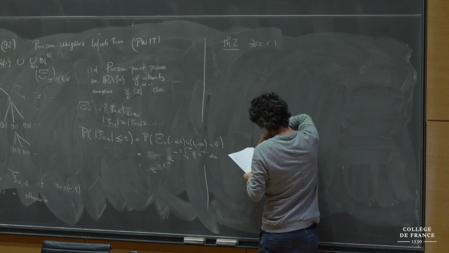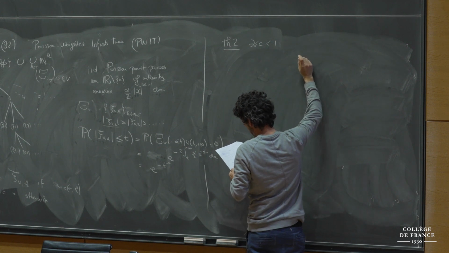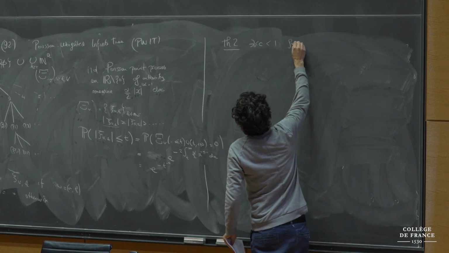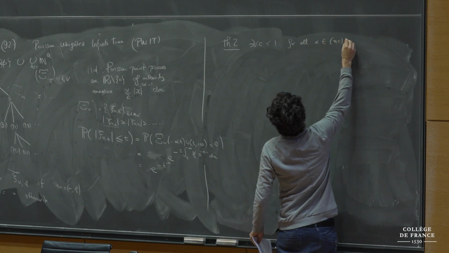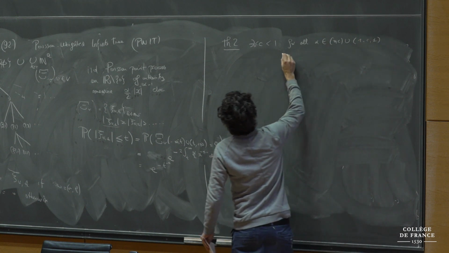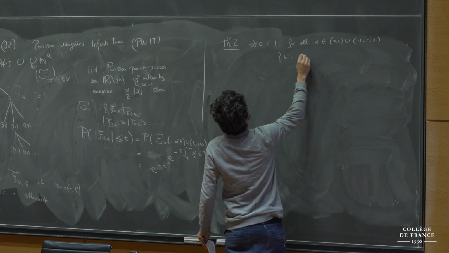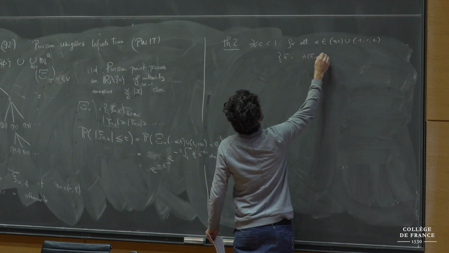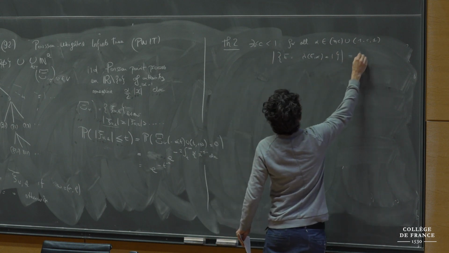Okay, such that, here is the small c, such that for all alpha which are either small or close to 1, the set of E such that lambda of E alpha is 1 contains a single point.